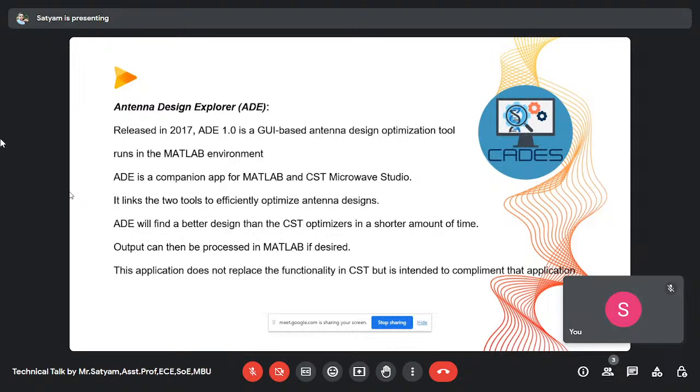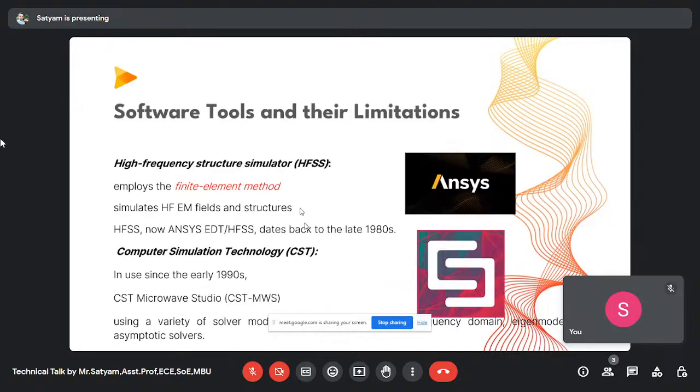It does not replace CST, but it helps as an enhancer, facilitator, right? In shorter time, it will give you better results as compared to CST. So if I compare CST versus HFSS, we will choose HFSS only because of the method, the finite element method, right?